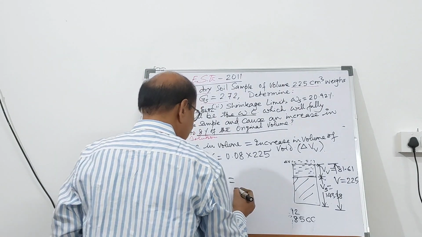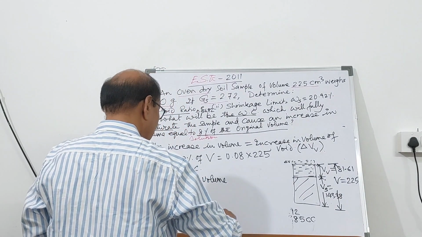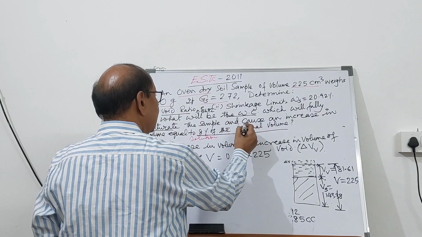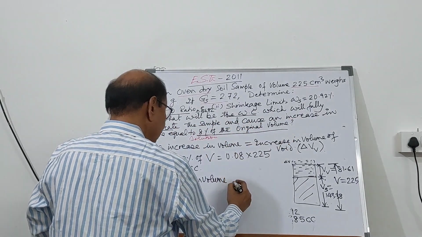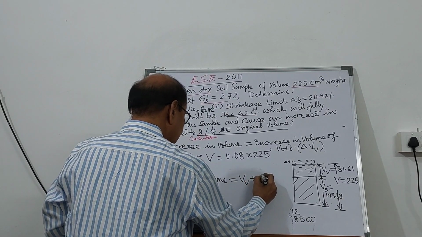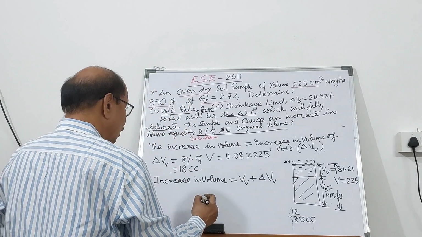The final volume of void equals the volume of void plus the increase in volume of void.